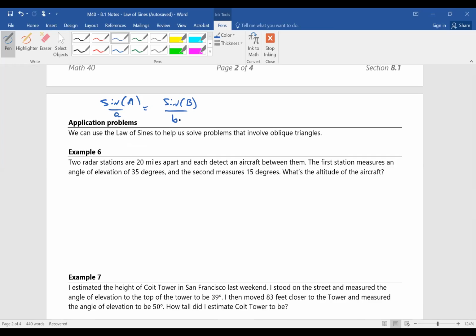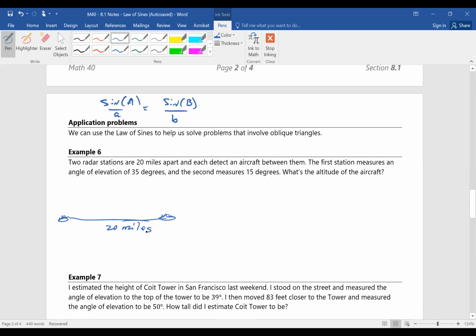So in this case, take a look at example 6, and I'm going to encourage you to draw a picture. So you have 2 radar stations, and this is actually how they triangulate positions of aircraft at times too. So this stuff's all true. And if you had a radar station over here and a radar station over here, and they're 20 miles apart, it's pretty far, right?